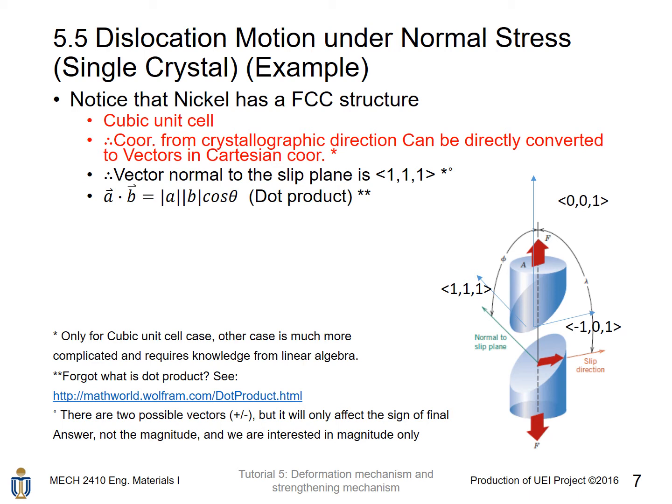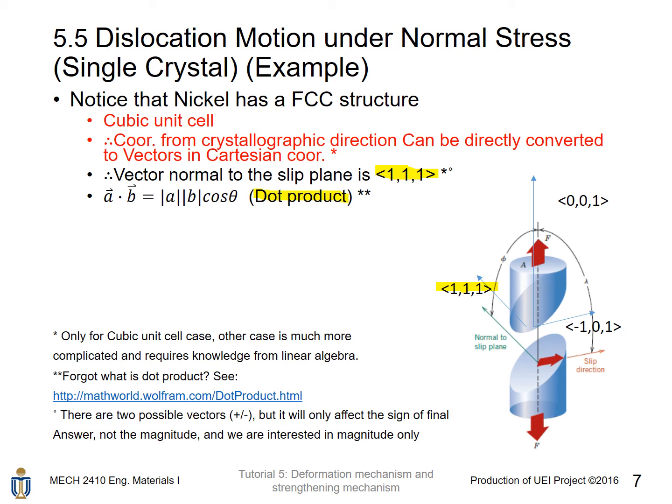And the vector normal to the slip plane is 1 1 1. We use this picture again, and 1 1 1 is here. And we use the definition of the dot product.